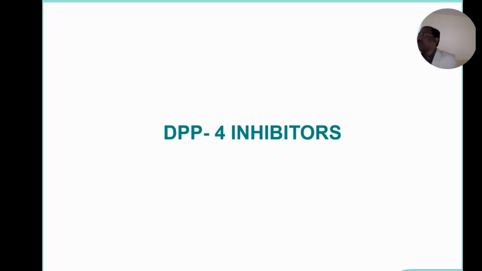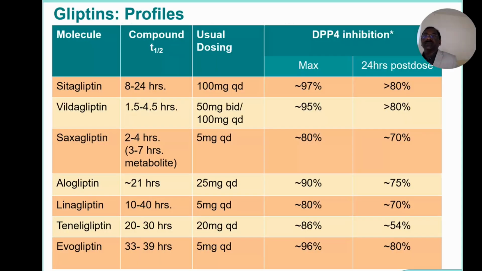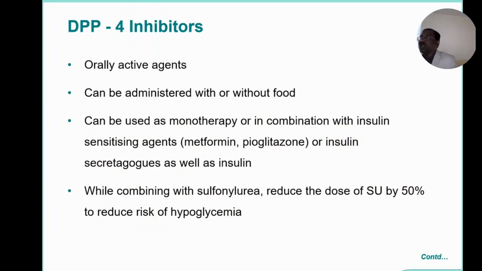So now the DPP-4 inhibitors. These are all the gliptins, you know that. These are different drugs. Already I told you the dosages also. But they are oral drugs. Can be administered with or without food. Used as monotherapy or in combination with insulin sensitizing drugs like your metformin, pioglitazone, or insulin secretagogues like your sulfonylureas, as well as insulin.